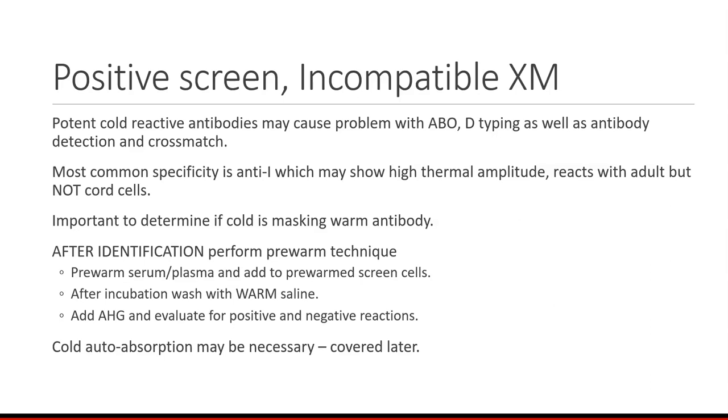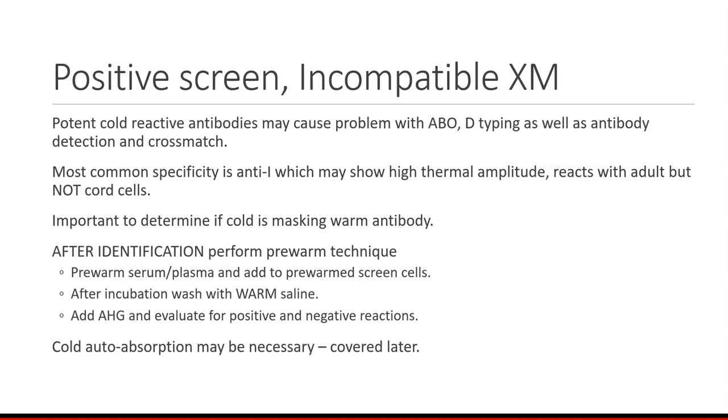It was 4+ at immediate spin, 4+ at 37. And at Coombs, when I was washing the cells as best as I could to break up the agglutinates, I couldn't. And so I was adding Coombs serum to a 4+ agglutinate, which of course, then my interpretation was 4+, but it was a false positive because they were already agglutinated before I added the Coombs serum.